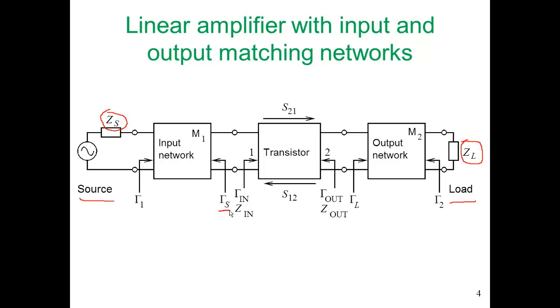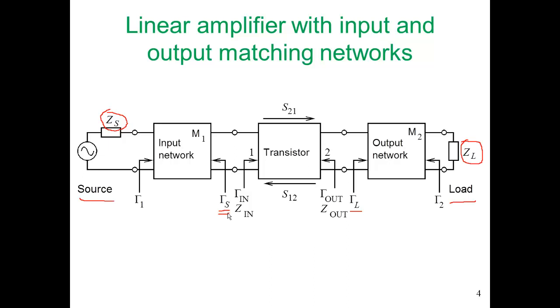And we also define a gamma S, which is separate from our source resistance. And we define a gamma load, which is separate from our load resistance or load impedance, but they're load resistances at this stage. So gamma S is the reflection coefficient seen looking into the input network from the transistor.